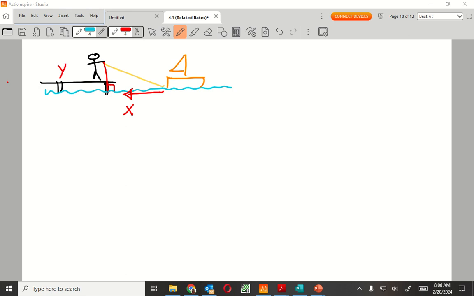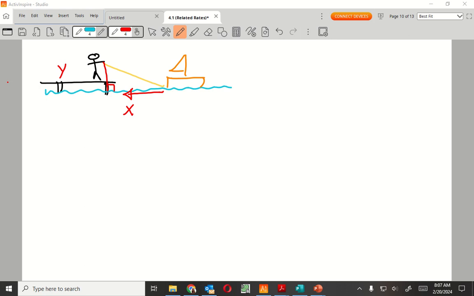But is the Y direction changing? No, it's not changing, because he's just going to keep pulling it in. As we're pulling in the rope, the yellow rope right there, it is going towards the guy standing over here. So is the length of the rope changing? Yeah, the length of the rope is changing.